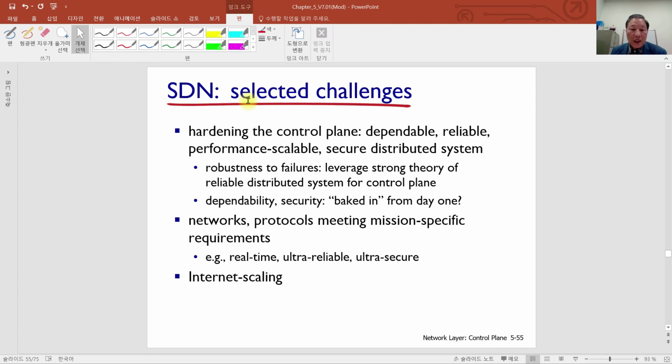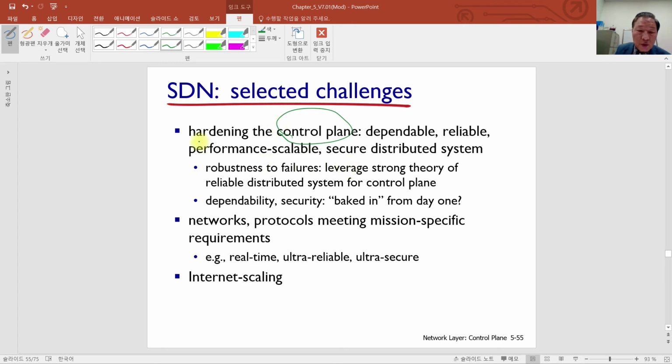Okay, think about these challenges, some of those challenges. Let's look at the selected challenges. Hardening the control plane. That is not firmly completed.